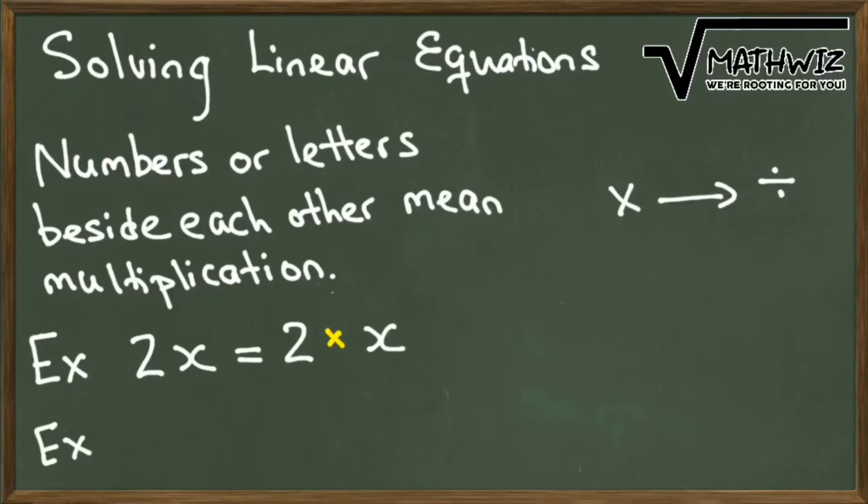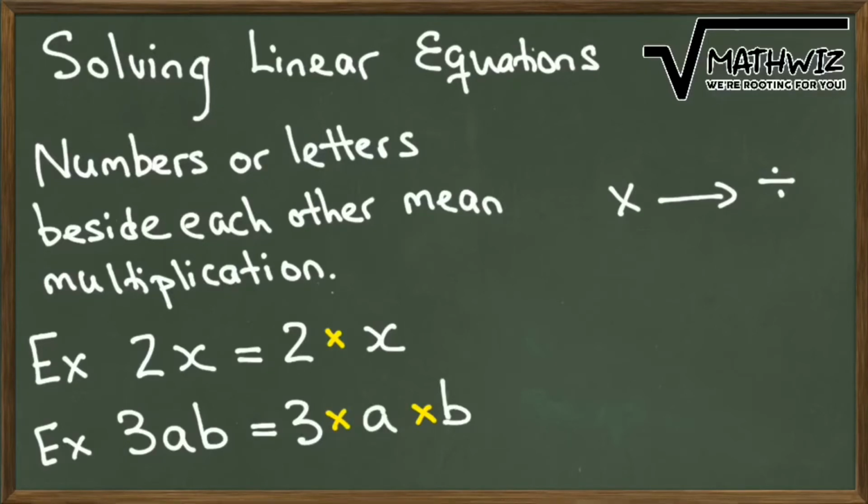As another example, if I see 3ab, there is no multiplication sign in between them, but because I know numbers and letters beside each other in this way with no sign means multiplication, I know that this means 3 multiplied by a multiplied by b, right? So that's the first thing we need to know in order to attempt the questions in this video.